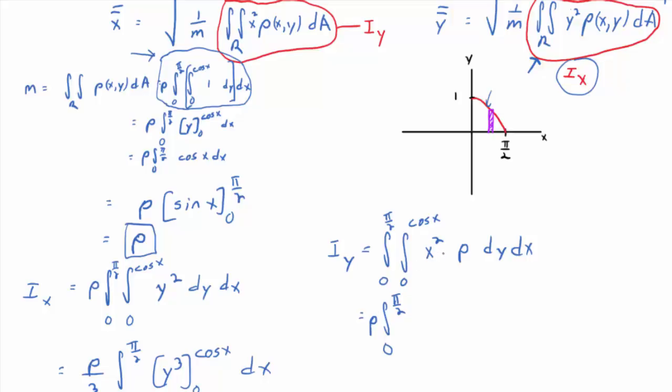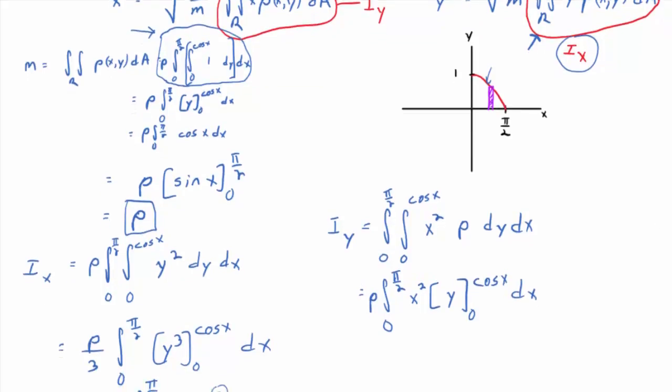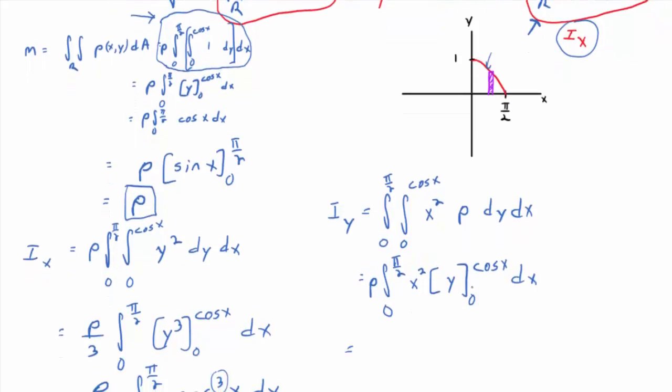And then if you integrate with respect to y, you can keep the x squared on the outside of the evaluation brackets, and you just get y evaluated from 0 to cosine x dx. And then after you apply the fundamental theorem, you'll see very quickly that you get rho times the integral 0 to pi halves x squared cosine x dx.